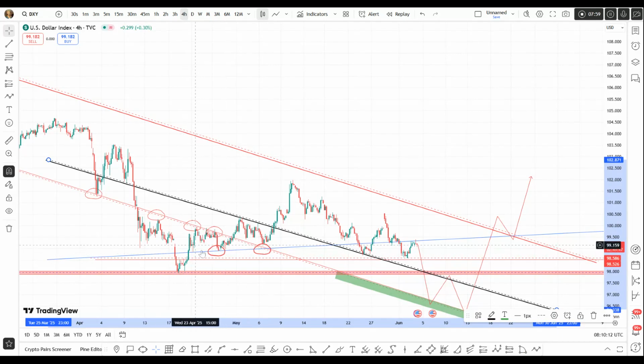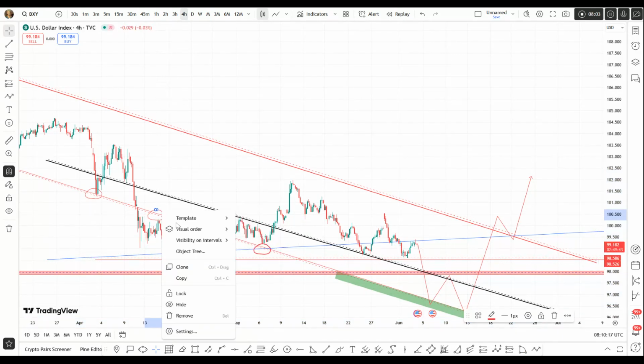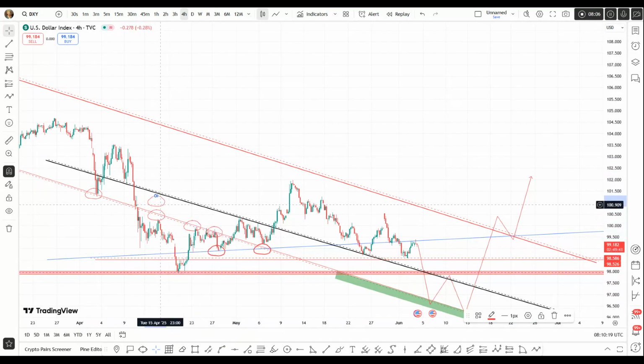So what we'll have here is a break of structure and a retest.